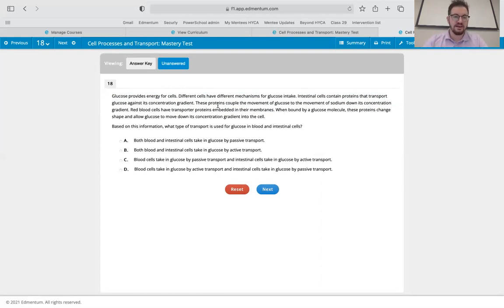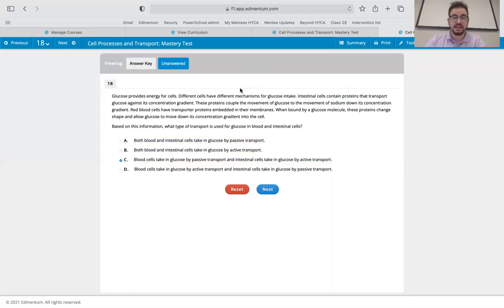Okay, so you have one kind of just balancing out, because you have a transport against. So intestinal cells go against the concentration gradients. So we should have the one that says intestinal cells have to have active transport.